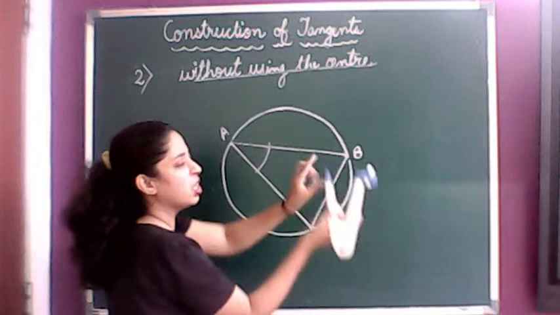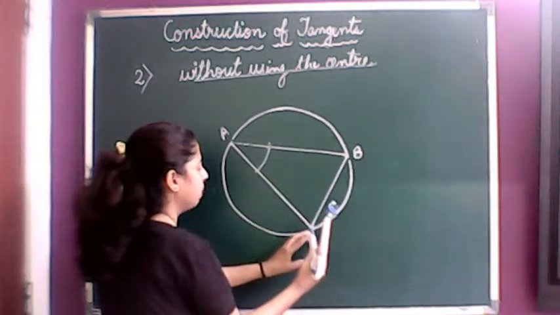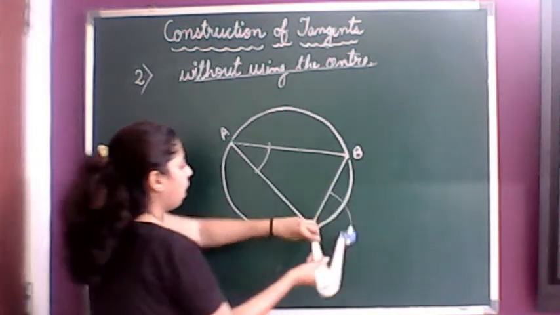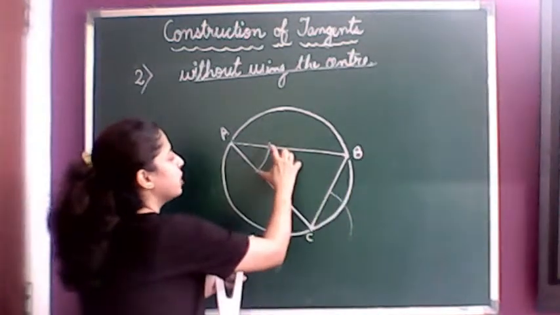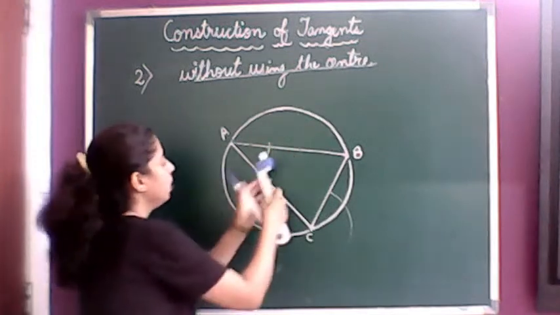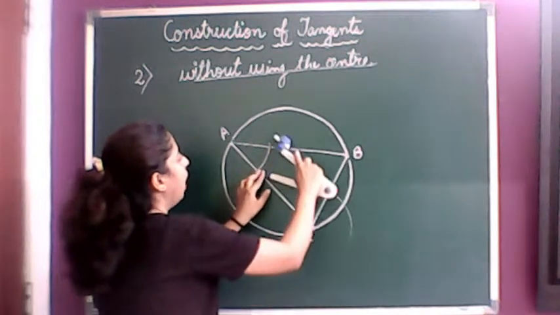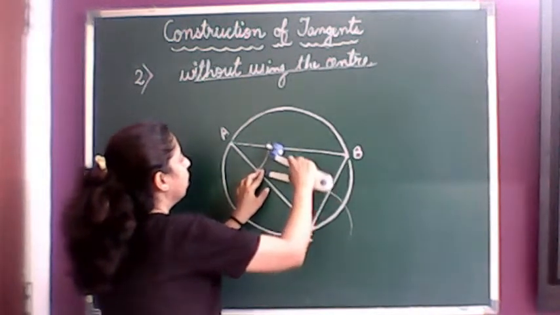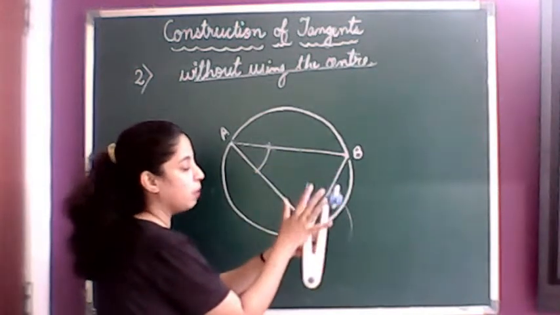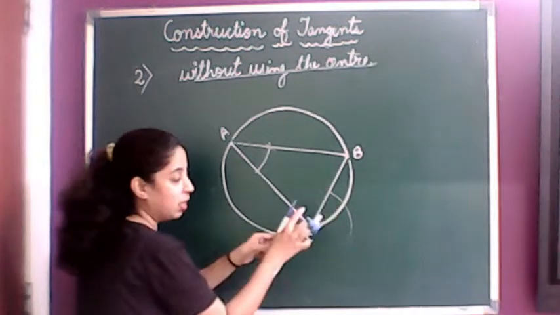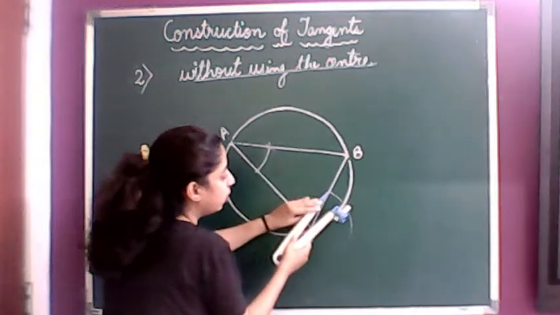With the same measure, keeping this pointer at C, draw an arc. Okay, done. Now you have to measure these two endpoints. So take this here and reduce this. You measure this. So this is the angle now. Now, keeping your pointer here, you cut your arc.